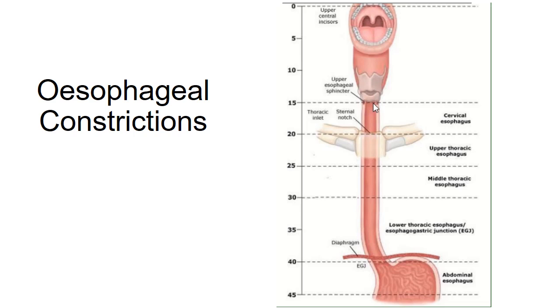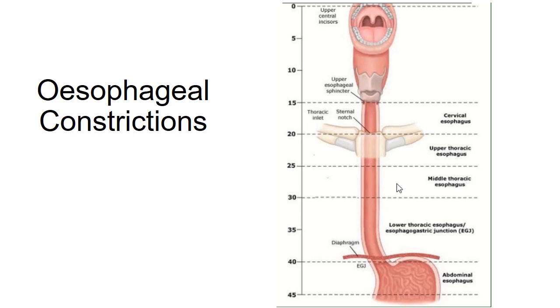The second constriction is at a distance of 22.5 centimeters from the incisor teeth, at about this level, where it is crossed by the aortic arch. The third constriction is at a distance of 27.5 centimeters from the incisor teeth, at this level, where it is crossed by the left bronchus.